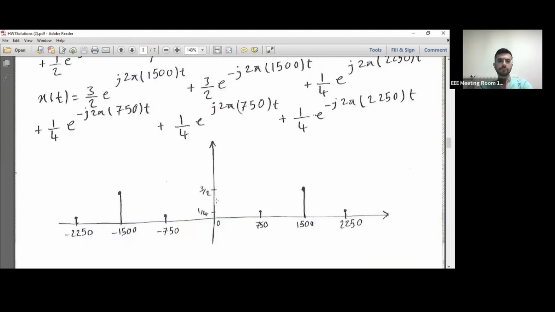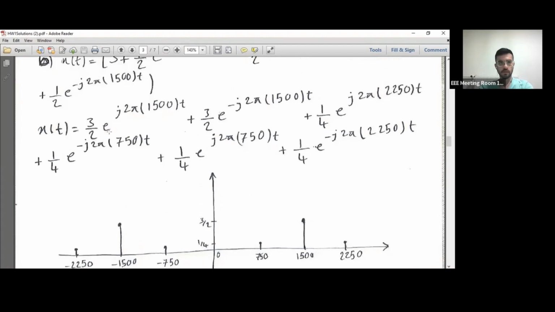Here we will plot these. You need to pay attention to frequencies, which is in the x-axis, and amplitude, which is in the y-axis.